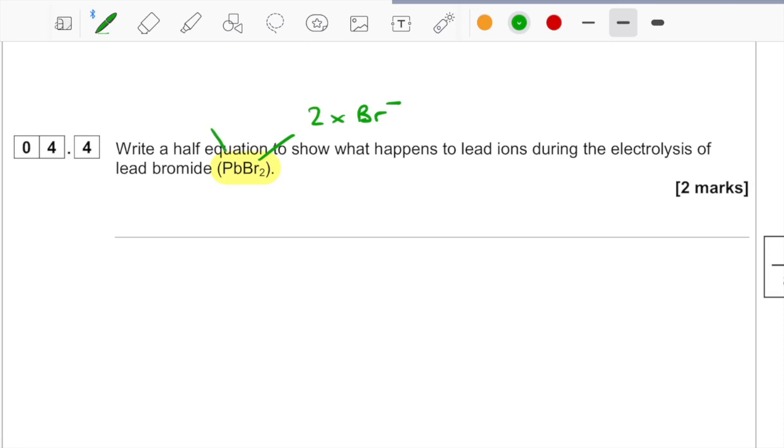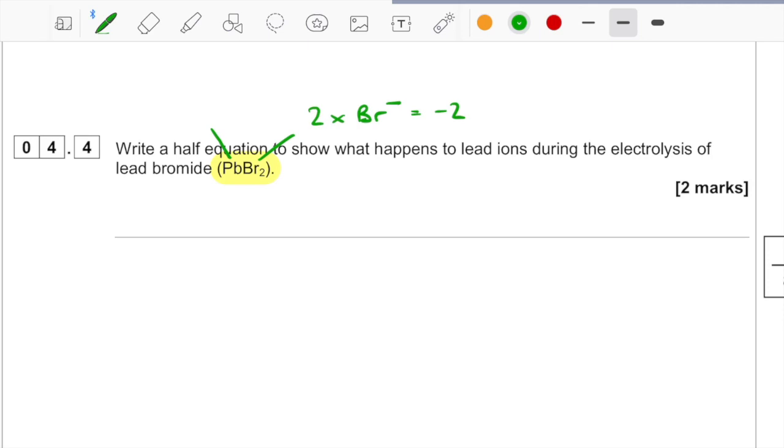Now we know that in a formula, if it's an ionic compound, it's showing the ratio of ions, and it's showing the ratio so that the overall charge cancels out, so the overall charge is 0.